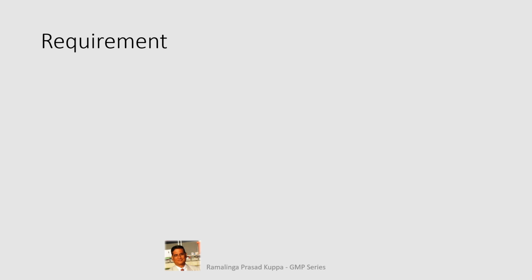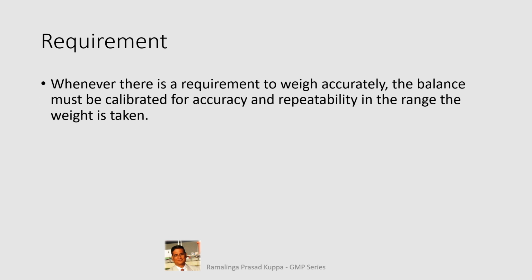Let us see the requirement. Whenever there is a requirement to weigh accurately, the balance must be calibrated for accuracy and repeatability in the range the weight is taken. The requirement to weigh accurately 1 gram is different from the requirement to weigh 1.0 or 1.00 gram.